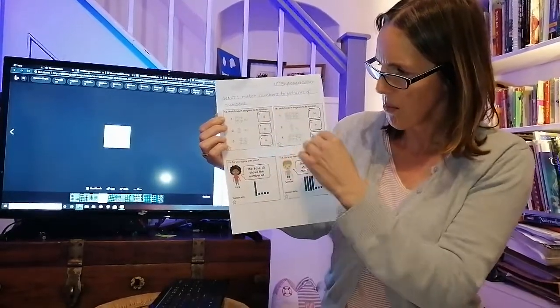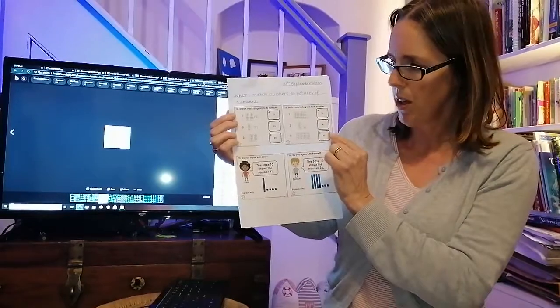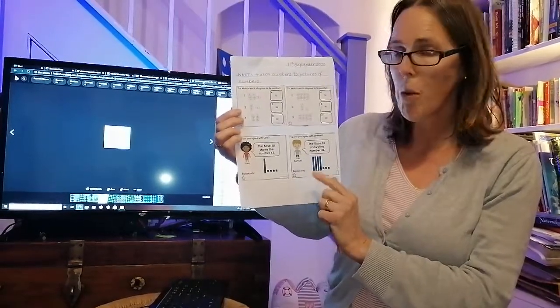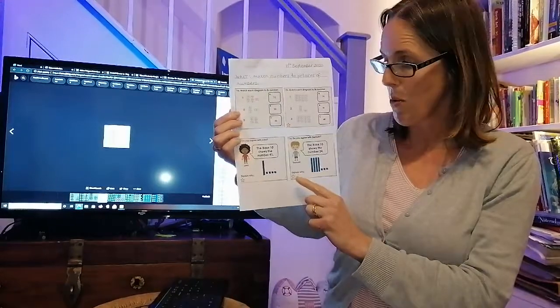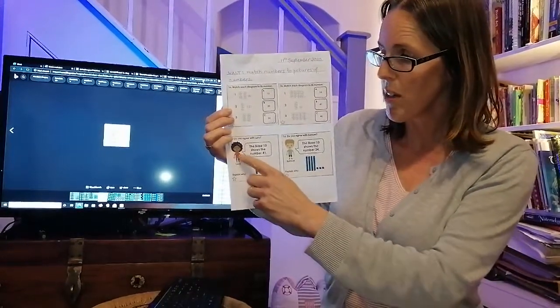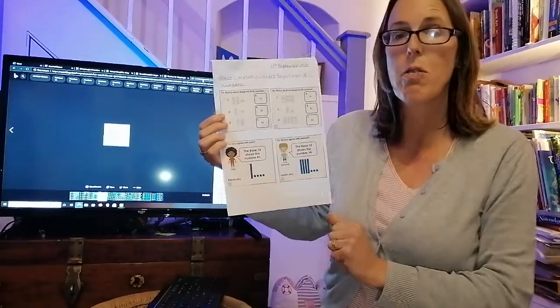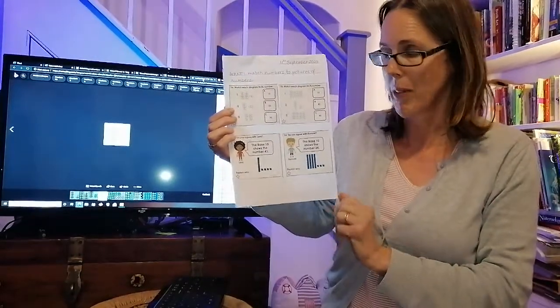And there are two little problems there for you to do. And then underneath there are a couple of those true or false ones like I just gave you. So you can have a look and see if you agree with this character that's saying what number they think. See whether you agree that they've got it right.